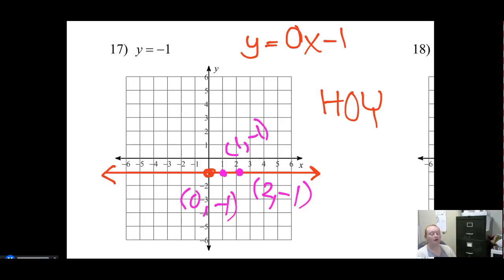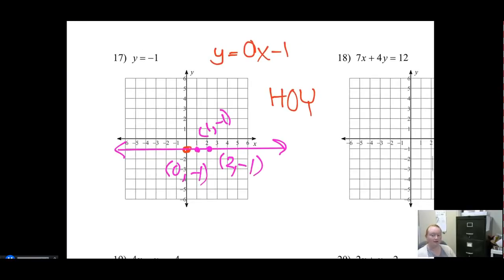Such as 0, -1, 1, -1, and 2, -1. They're all on that line. We could have plotted them first and then placed the line through it. Any way that works for you works for me, as long as it's correct.